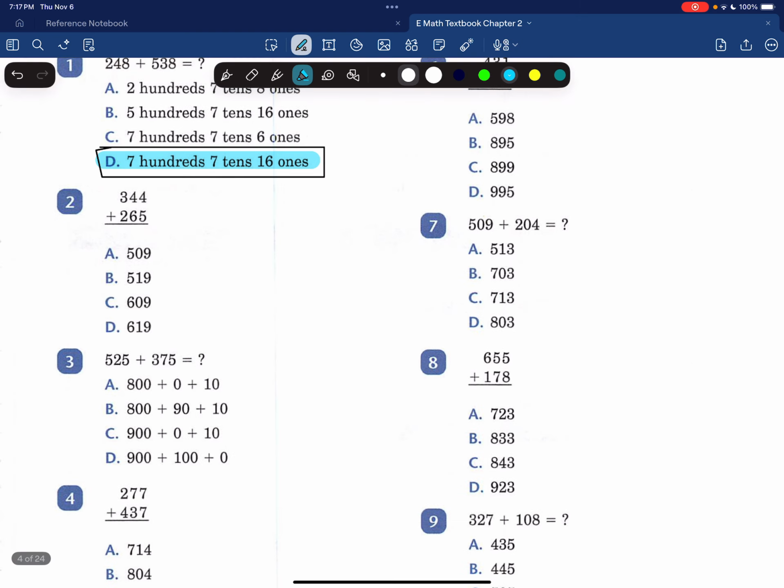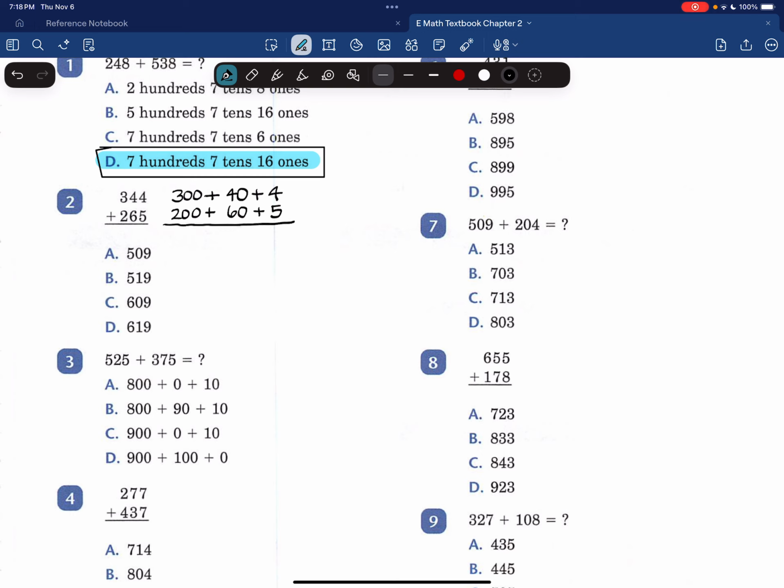All right, number 2. I'm going to use the break apart method because that's what they want me to do. But I'm going to use the short form this time. I'm going to use the 300s plus the 4 tens, that's 40, plus 4. And then I have 200s plus 6 tens plus 5 ones.